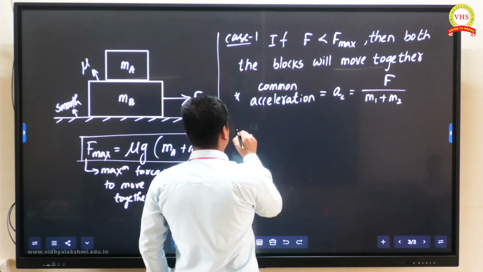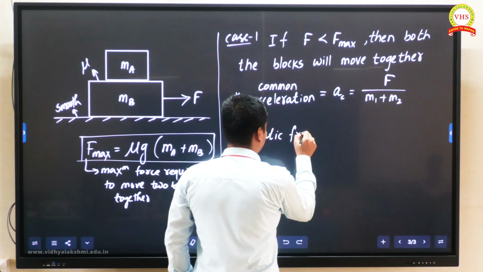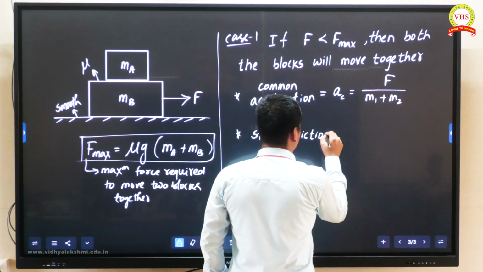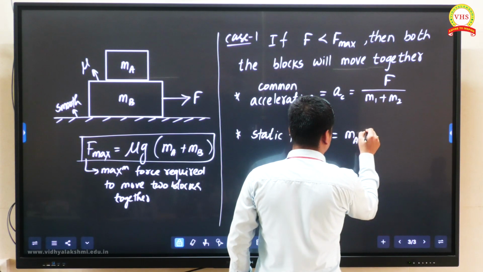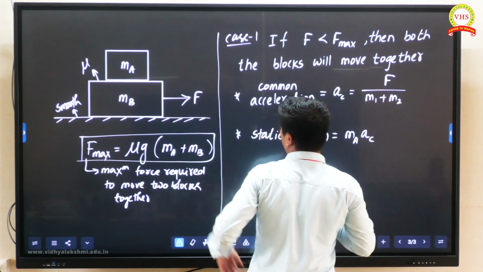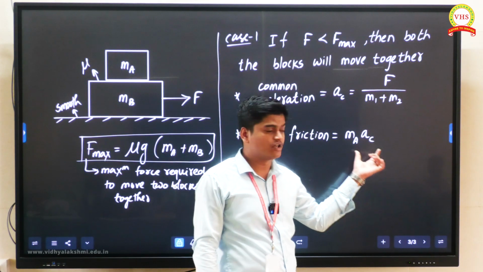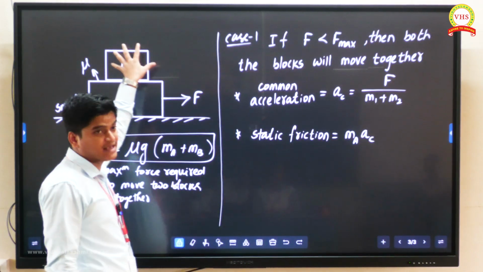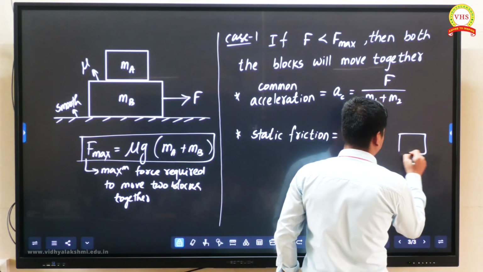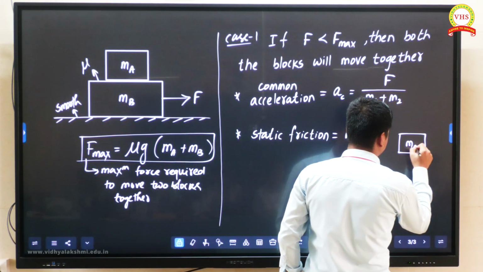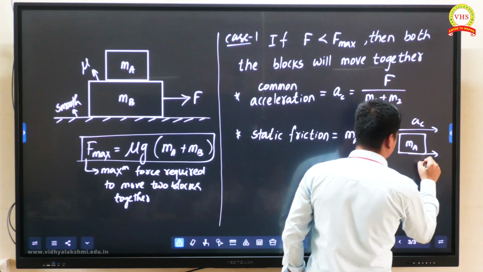And here another thing we discussed. Now, static friction. What is the static friction value in this case? Static friction will be MA into a_c, the upper block's mass into the common acceleration. This is the static friction, because this friction will help to move this mass MA. That is the reason we are taking this. This friction force makes MA move with the common acceleration a_c, and for this object the friction is static friction.